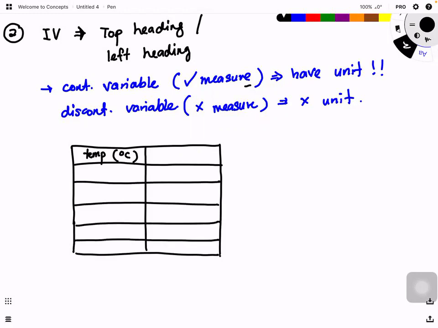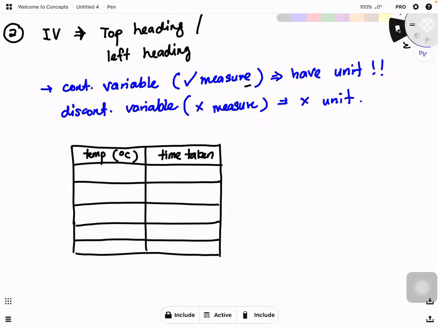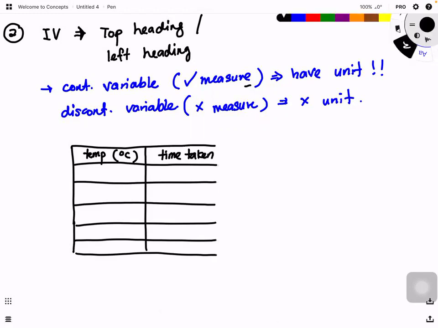So let's say we look at the time taken for the reaction to finish. Time taken, always remember, must be in seconds. Can you see that complete table? Time taken in seconds. So this is what I mean. You put your independent variable, the effect of temperature, as the left heading, or you can put it as the top heading.